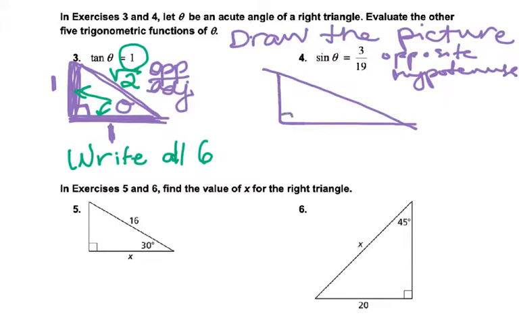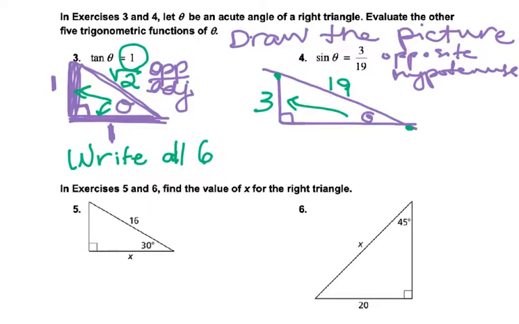If I label this theta, then the opposite side from theta is 3. And then this one should be much longer, it's going to be 19.